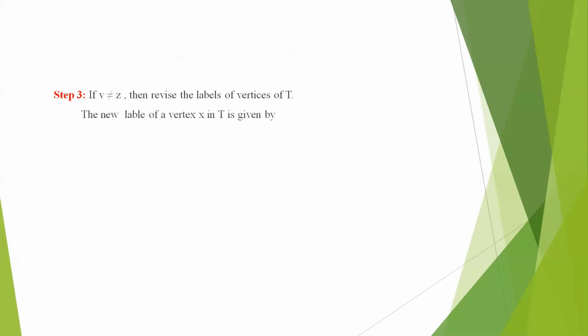The new label of the vertex X in T is given by L of X equals minimum of, in brackets, old L of X, meaning the old label of that vertex, comma, L of V plus W of V, X, where W of V, X is the weight of the edge joining the vertex V and X. If there is no direct edge joining V and X, then take W of V, X equal to infinity.